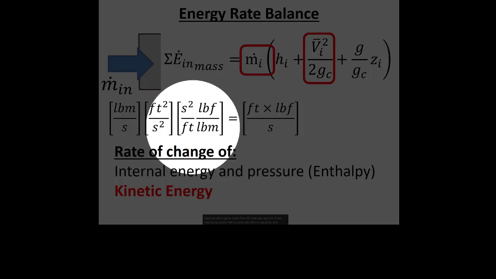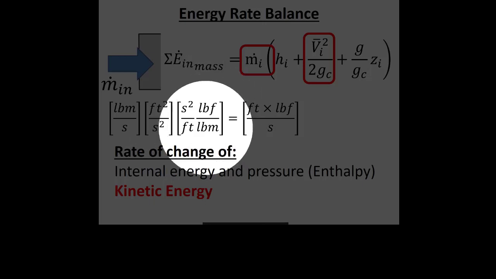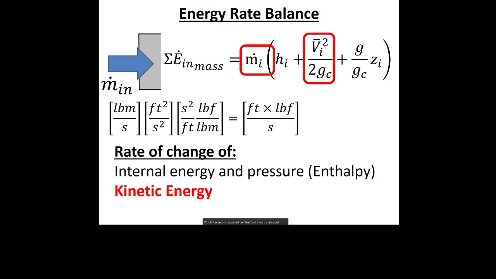If you flip this over in your head, GC is kind of like an acceleration, so it's feet per second squared. So 1 over GC would be second squared per foot. But then it's also got this term where, if we think about Newton's second law, we have to change that pounds mass into pounds force. So if I do this, I get foot pounds per second, which is good because it's energy per unit time, but it's not BTU per second.